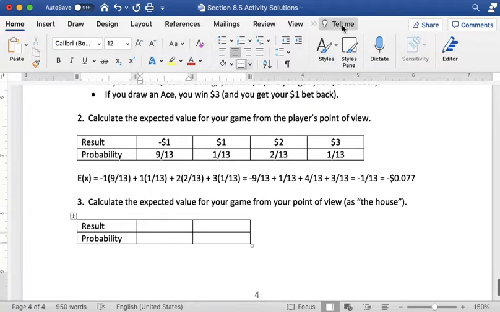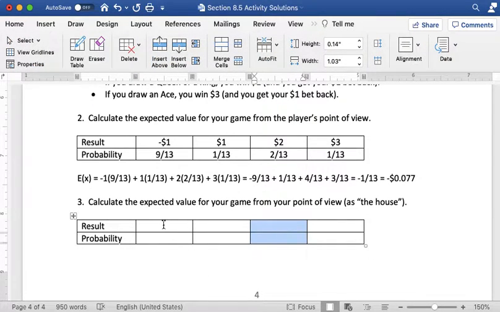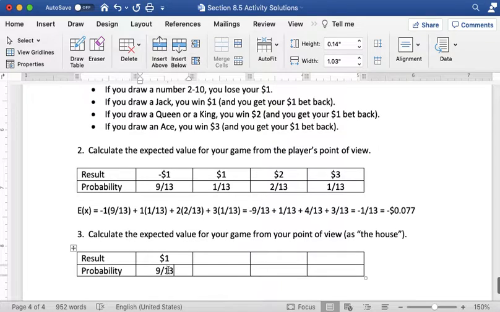So to calculate the expected value from the house's point of view, again, I need to add a couple of columns here. The house has a $1 positive result if you lose the game, because they're taking your $1 bet and they're not giving you anything. And that's if you draw a number 2 through 10. So there's 9 of those numbers.